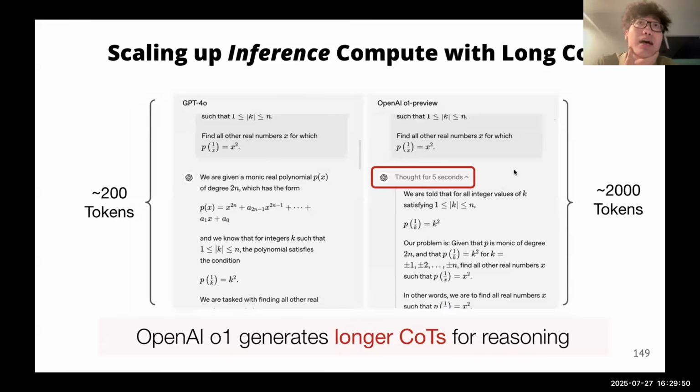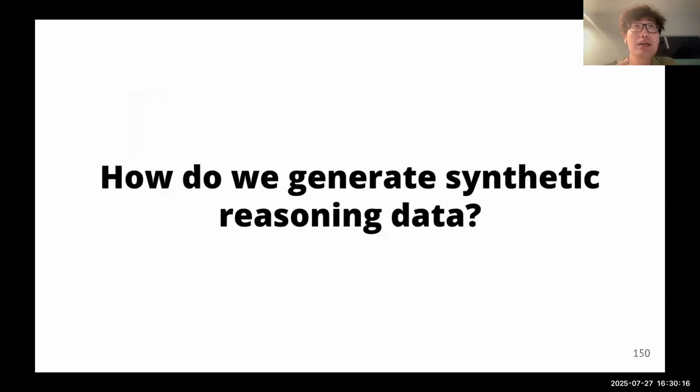More recently, people find that it's also very effective to scale up the inference compute, meaning we generate longer chains of thought. For example, previously we maybe spent 200 tokens answering these questions, but right now we let the model generate longer sequences, for example 2,000 tokens, for solving more complex reasoning problems.